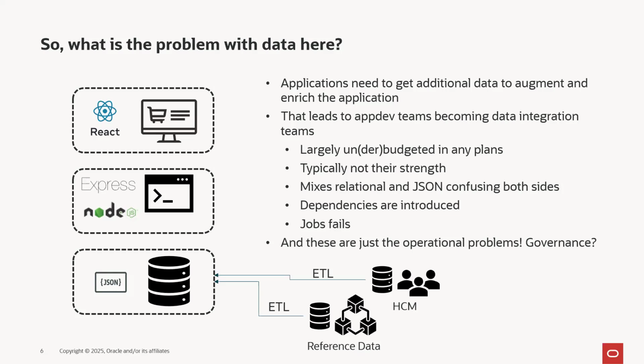But as we all know, most applications also want to embellish all sorts of other data. And Julian will have a fun demo with bank account numbers, for example. And so that's the problem with data, right? How do we deal with that? How do we solve some of the operational pieces? And then how do we make sure we know where this data is going and where it came from? And so your next slide, Julian.